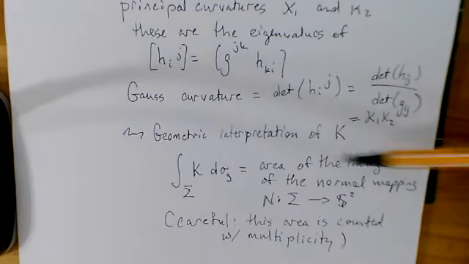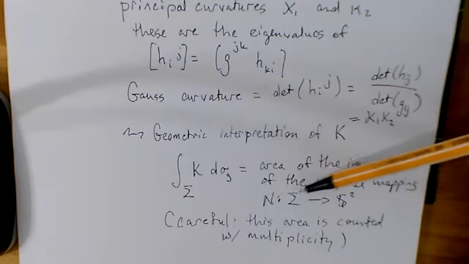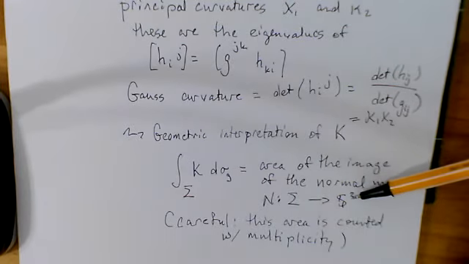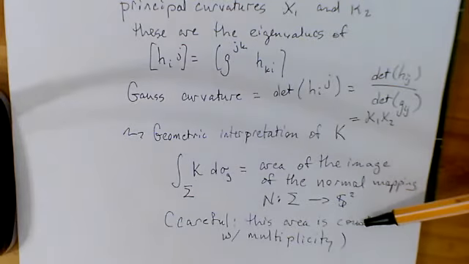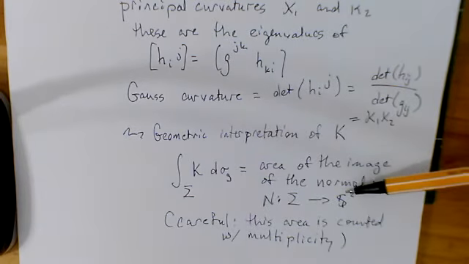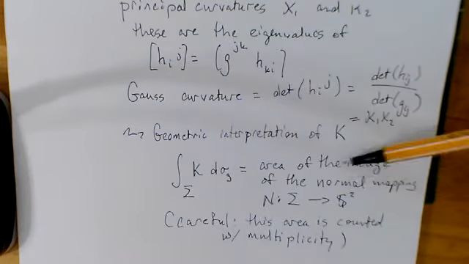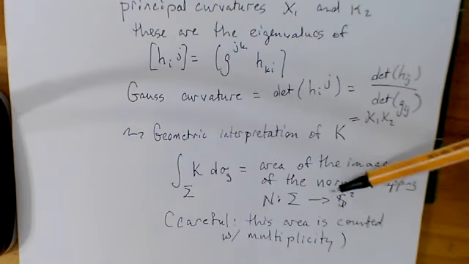So what do I mean by that? I mean that the normal map may cover certain portions of the 2-sphere multiple times. And whenever I cover those portions multiple times, I will count that area multiple times.